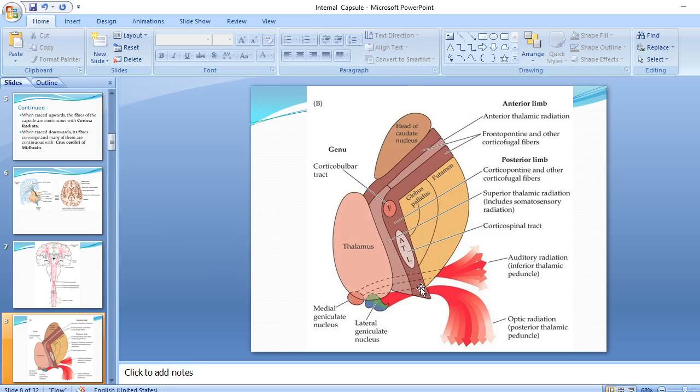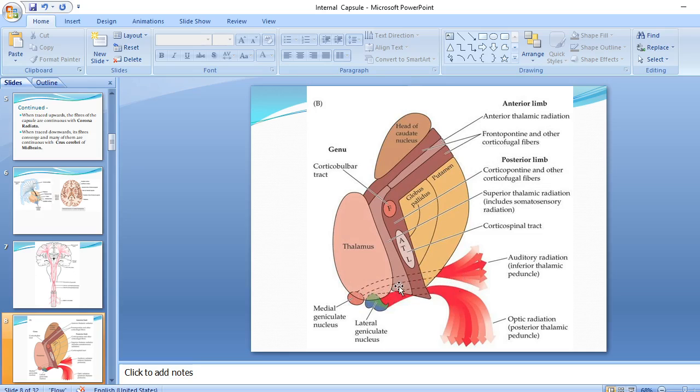A posterior limb here lying between the lentiform nucleus laterally and thalamus medially, and the bend between the anterior limb and the posterior limb is the genu, a retrolentiform part, which goes posteriorly to the optic area of the occipital cortex, and a sublentiform part lying below the lentiform nucleus.